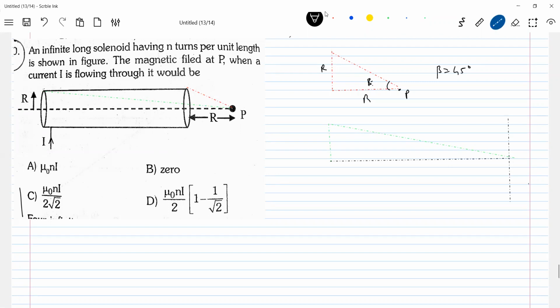So this is the point P. This is alpha here, and this was the beta. And this is R, this is the length of the solenoid. So what is alpha? Alpha tends to pi by 2. Beta will be minus pi by 4, or minus 45 degrees, according to the convention.